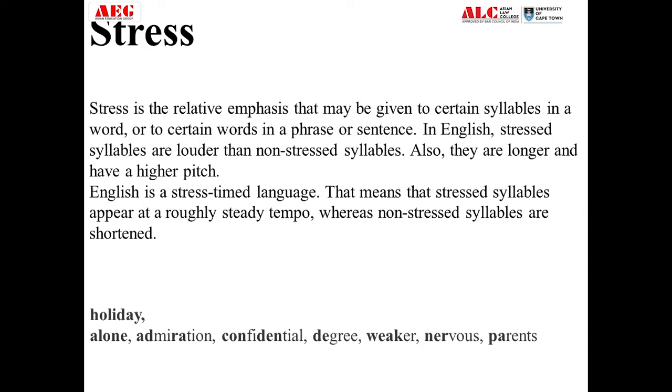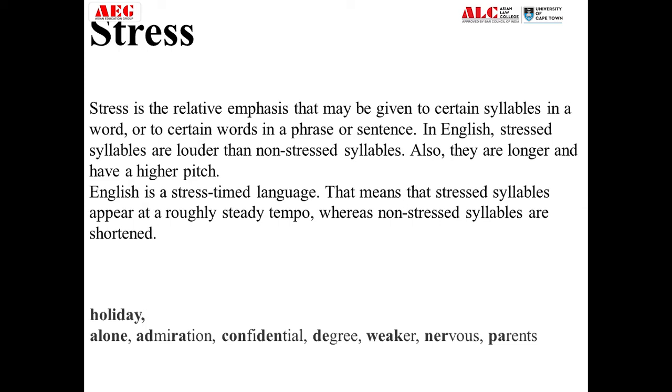Confidential. See here, the stress is on con and den. And please, if you can just say it out, it will help you to understand. Confidential. Degree. The stress here is on degree. Weaker. Weak is the one where we are putting stress.